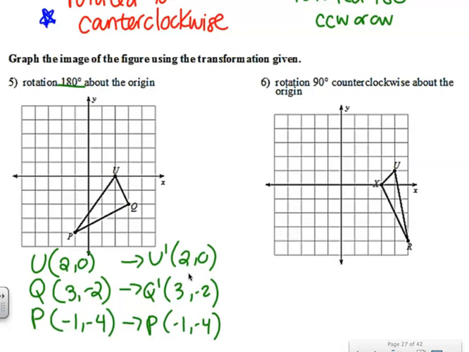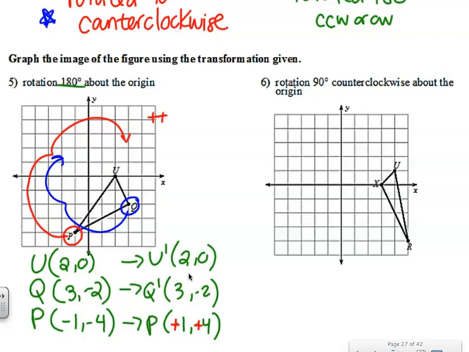Now I need to check the quadrants. So let's start with P. Okay, P goes 180. It moves 1 quadrant, it moves 2 quadrant. So it should be positive, positive. So I need to make sure and go make them positive, positive. Okay, with Q. Q is in this fourth quadrant. It needs to go 1 turn, 2 turn.